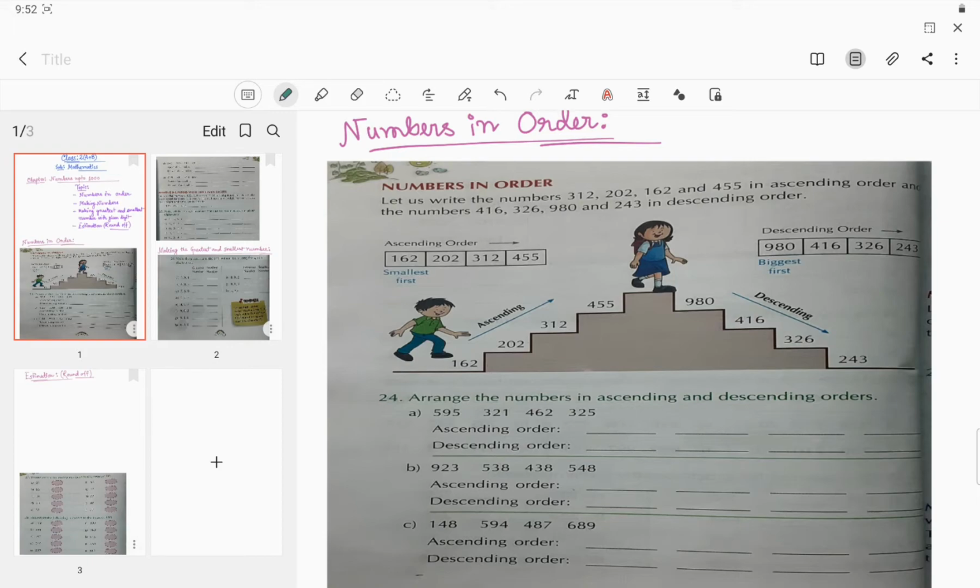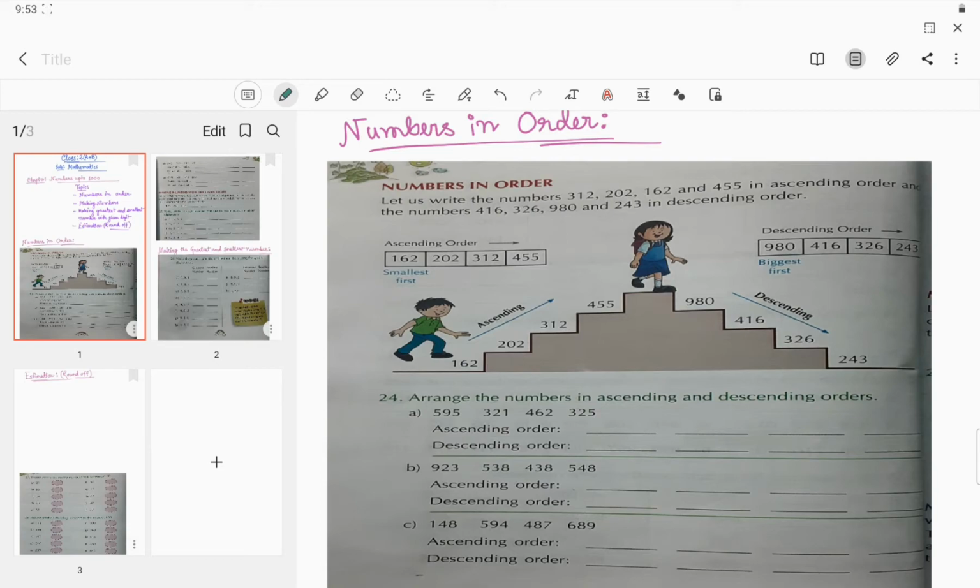So we are already familiar with the terms ascending order and descending order, and we have done it for 2-digit numbers. We will do the same thing for 3-digit numbers. Ascending order means you have to arrange the numbers smallest to greatest. Similarly, descending order means you have to arrange the numbers greatest to smallest.